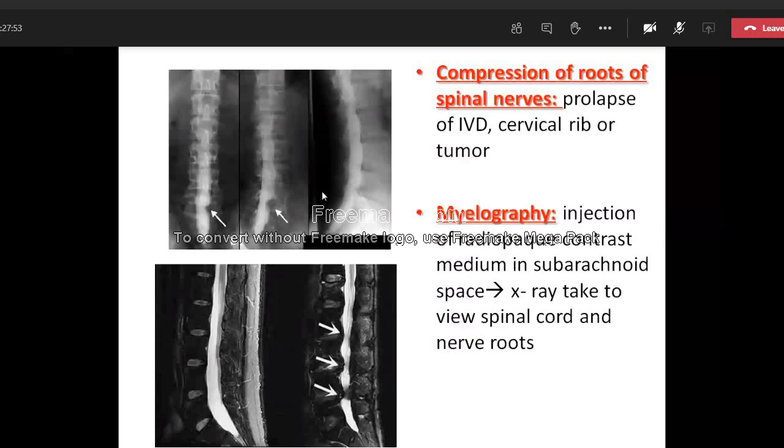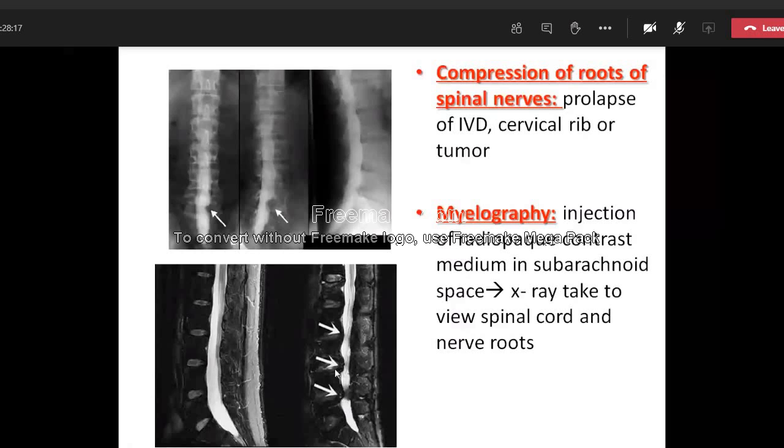Similarly, if you want to visualize the spinal cord and spinal nerve roots, you have to inject a contrast media. That is known as the myelogram. The radiopaque dye is injected in the subarachnoid space, and after that you can visualize the spinal cord and the spinal nerve roots. So this is known as the myelogram.